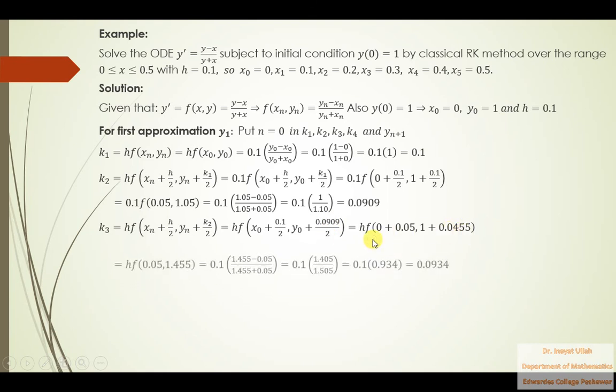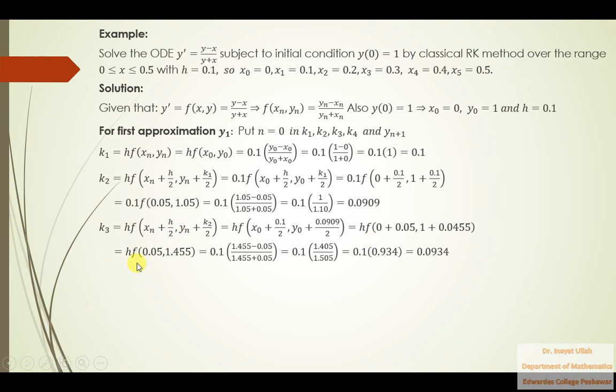Now this will become h times function of 0.05 comma 1.04.